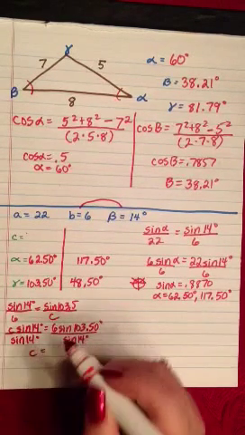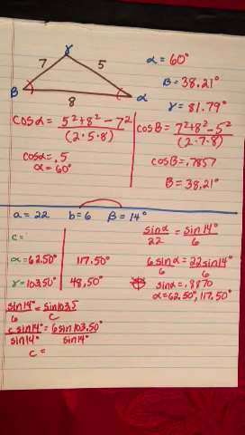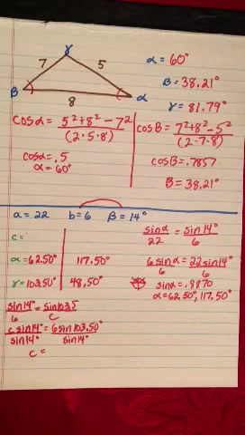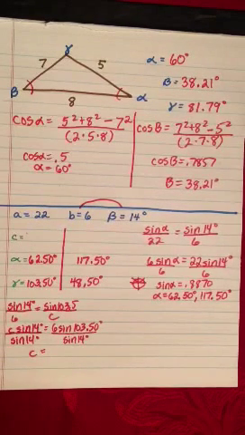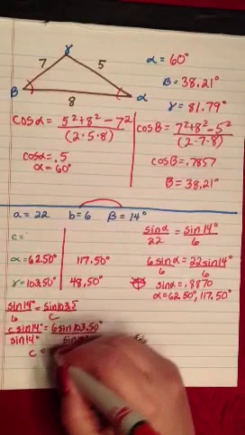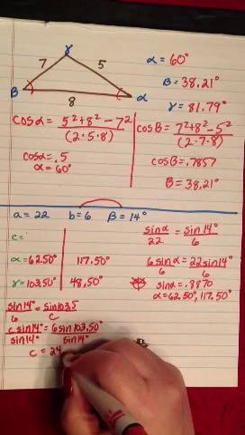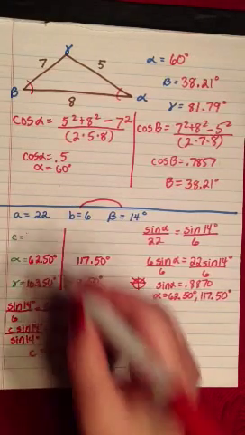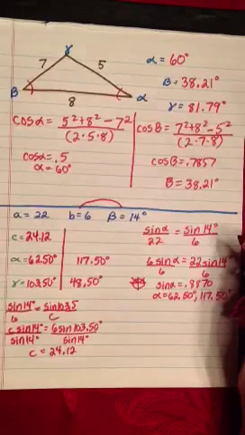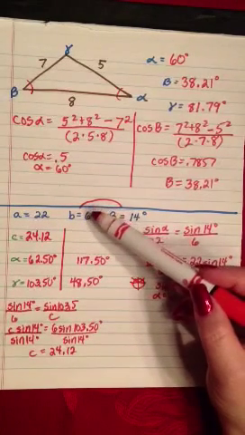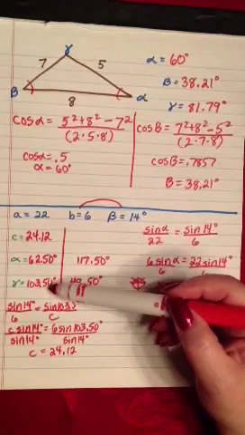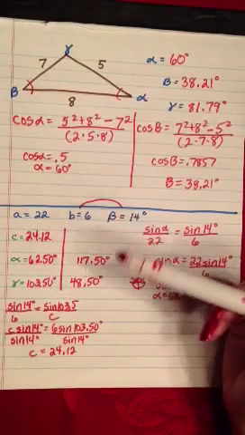And we'll get C is equal to 6 times the sine of 103.5, enter, divided by sine of 14, enter, and so I get that C is 24.12. Alright, this should be the biggest one, because notice this side's 6, this side's 22, this side's 24.12, but it's opposite the largest angle, 103.5 degrees.